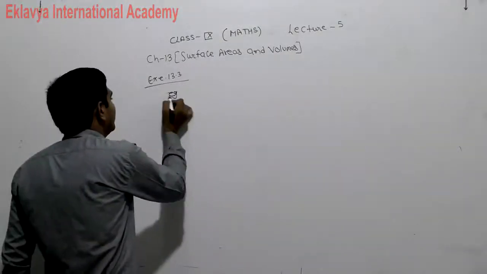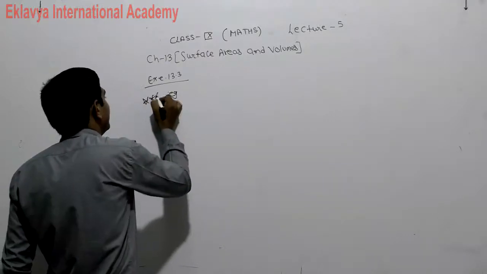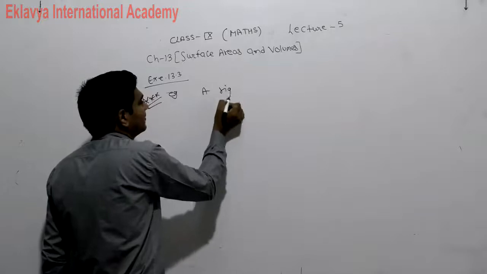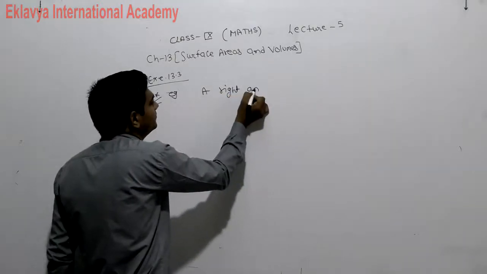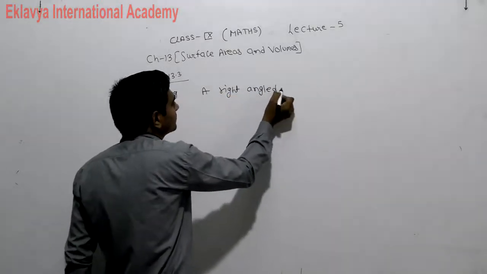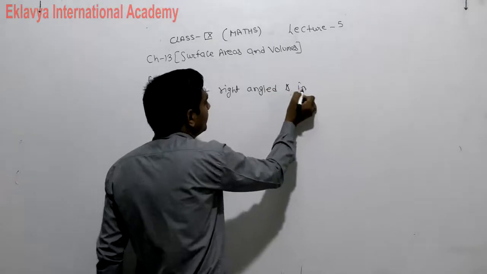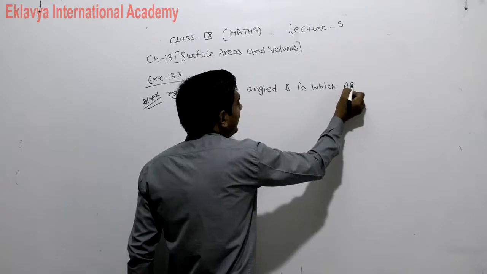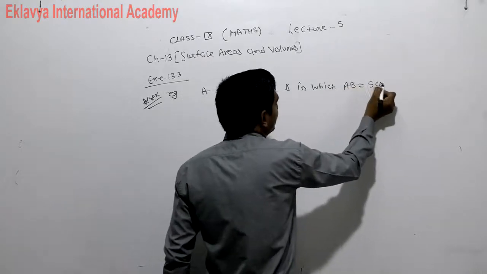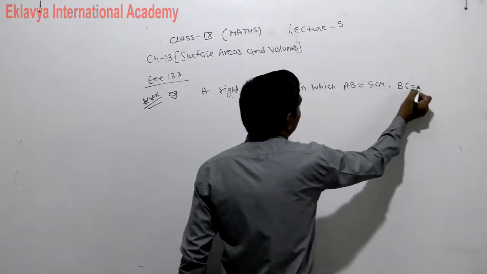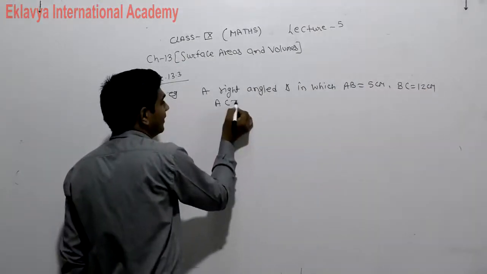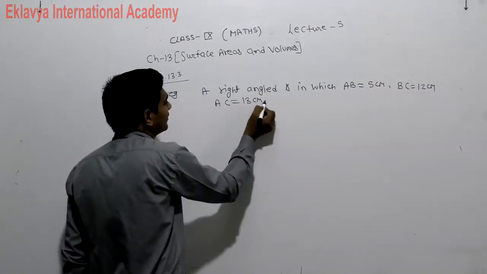Next type question, that is a very important question. A right angle triangle in which AB equals 5 centimeter, BC equals 12 centimeter, AC is equal to 13 centimeter.